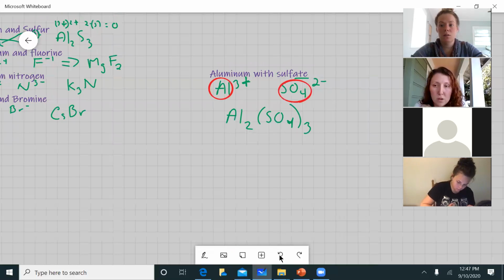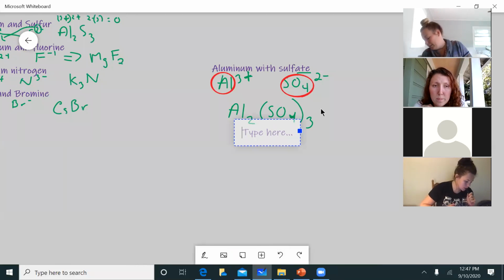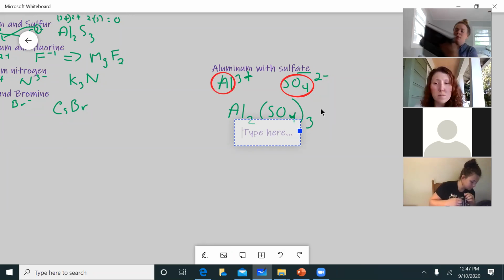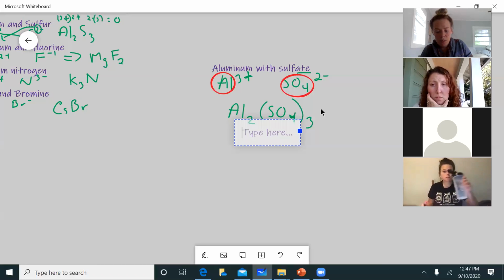Do you know what page in the book? Let me see. Got the text here. This says it's in chapter 2.